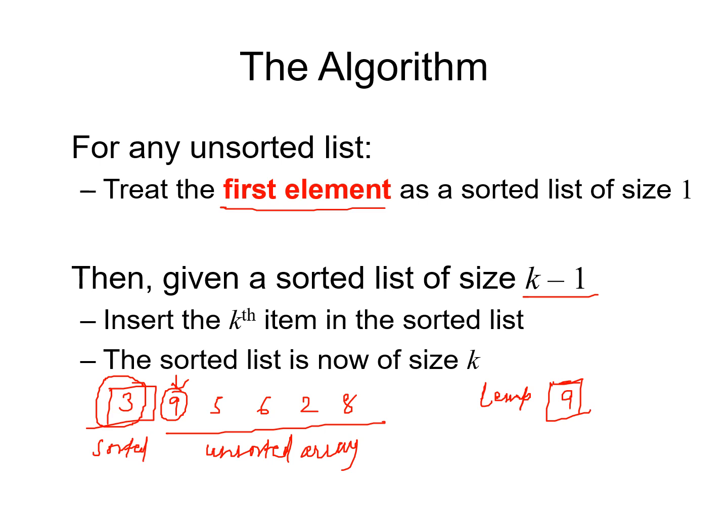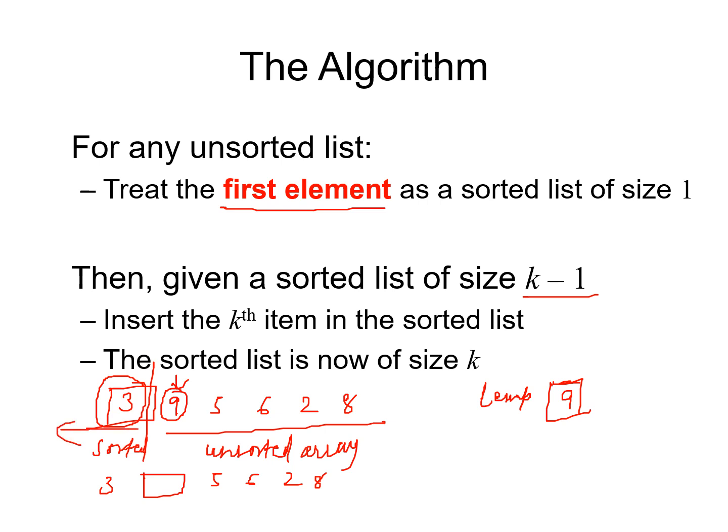This will look like this: 3, and this place will be vacant because the value is stored in temp. Now 5, 6, 2, 8 will remain the same. Till here this part is sorted, and this part is unsorted. I am picking the first element from the unsorted list and trying to insert it in sorted order. Now this 9 will be compared with each and every element of the sorted list in the backward direction.